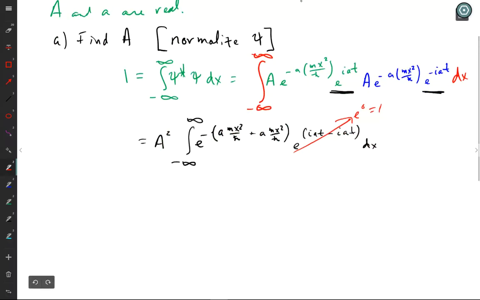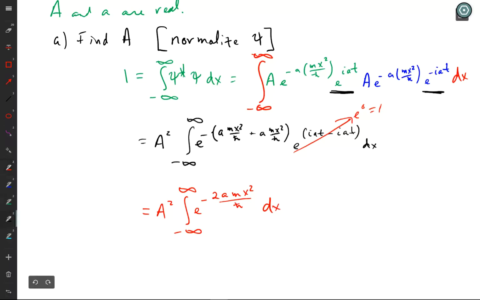And these two here, they just add up to double. So it's A squared integral from minus infinity to plus infinity e to the minus 2am x squared over h bar dx. And what do we do from this point?